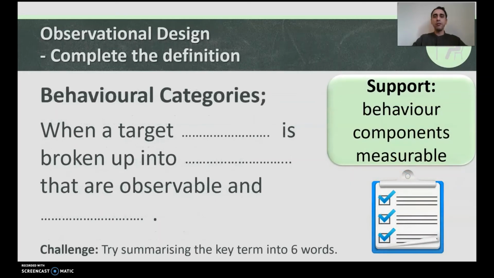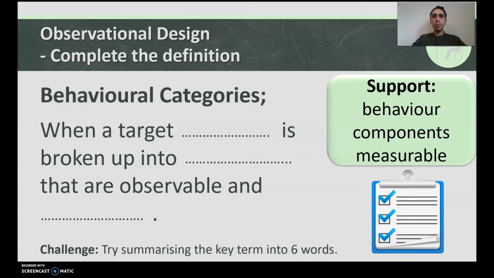Okay, we've got a definition for you. Behavioral categories. How would one define these behavioral categories? So, give this a go, have a little think, write down the definition. If you've got the definition down, try summarizing it or reducing the definition into 6 words. Let's have a think. Behavioral categories.